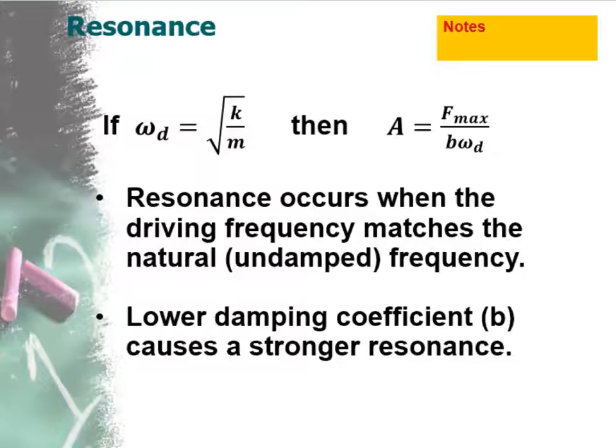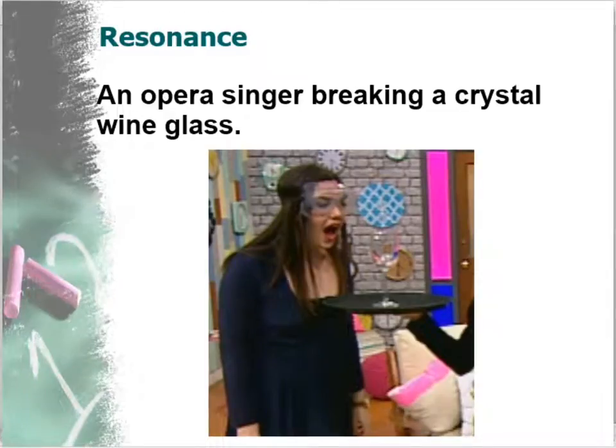Where might you actually run into something like this in real life? Well, there are several things that have resonances, and I'll give you a couple of examples here. One example is an opera singer who can break a crystal wine glass just by using her voice. She needs to find the right pitch, which corresponds to the right frequency of the sound waves she is emitting.